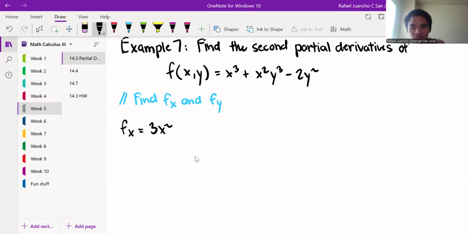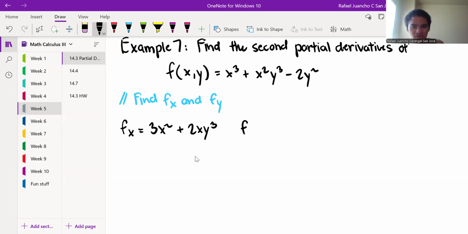We have y is a number, so we can just leave that be. 2 in this case, x squared is just 2x. Y cubed. Negative 2y squared is a number. Oh, it's a number, and so this is just 0. Done. Right?